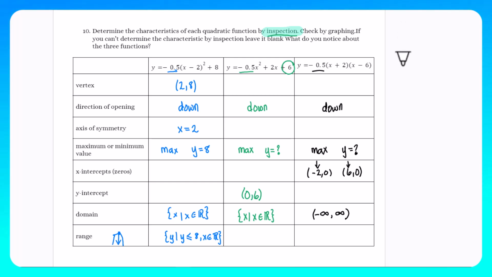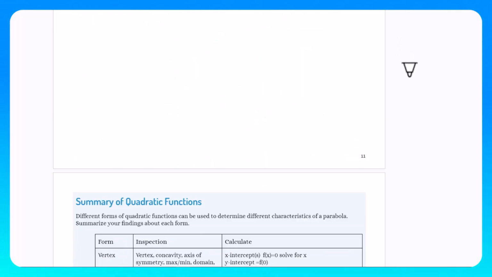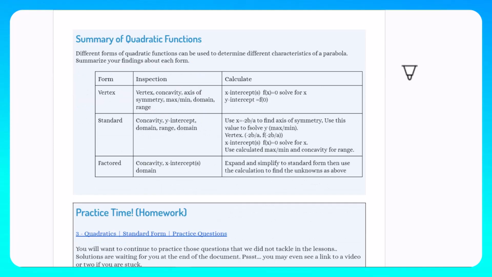Now, let's put that all together down in this little table. I've actually left this in here for you. By inspection, I've written in here the things that vertex form tells us, and it's quite a bit. It's more than the other two. The things that are missing are the things that were blank. In the standard form, we can determine concavity, y-intercept, and domain.